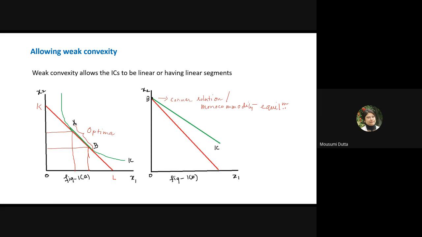So please add, in figure 1a, the budget line is seen to be coincident with a linear segment of the IC.